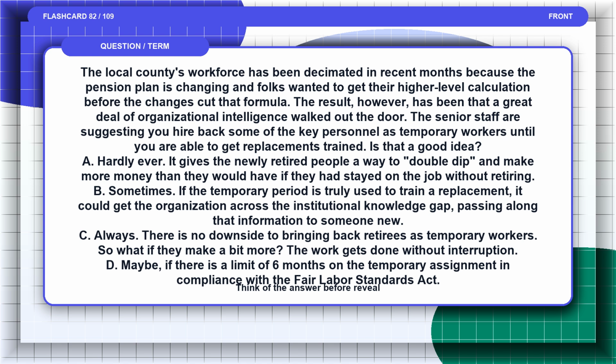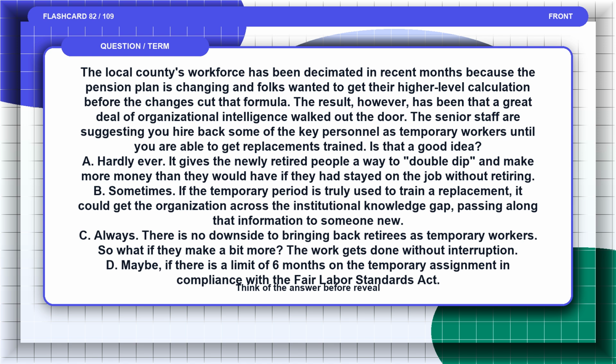Hardly ever. It gives the newly retired people a way to double dip and make more money than they would have if they had stayed on the job without retiring. Sometimes, if the temporary period is truly used to train a replacement, it could get the organization across the institutional knowledge gap, passing along that information to someone new.